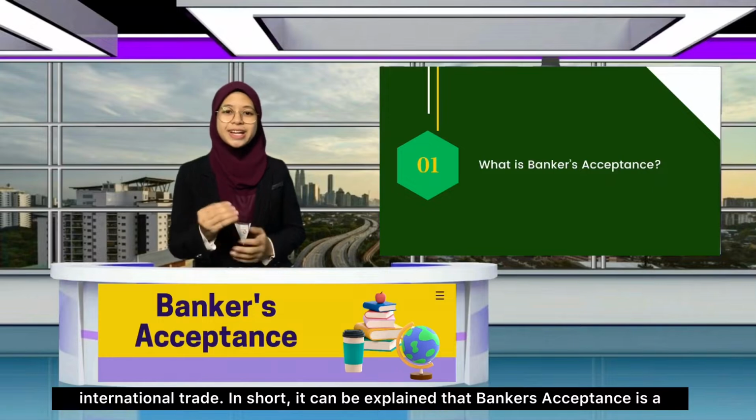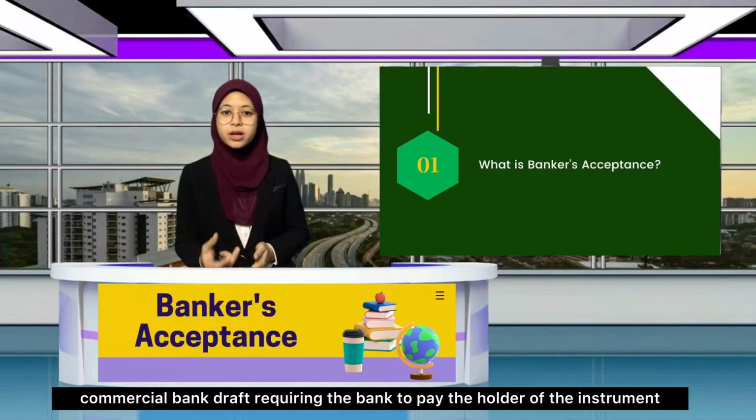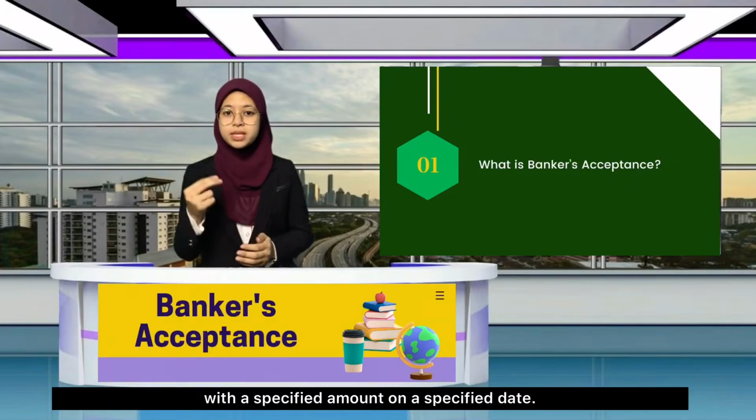In short, bankers' acceptance is a commercial bank draft requiring the bank to pay the holder of the instrument a specified amount on a specified date.